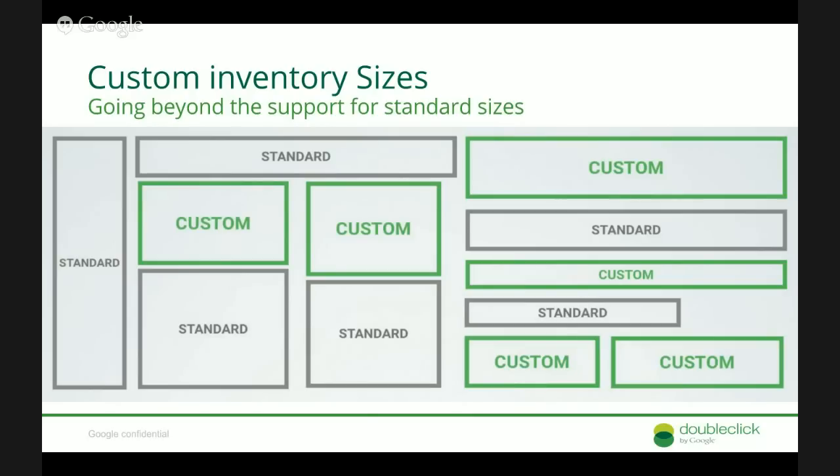Just to give you an example, some of the custom sizes that we're seeing most volume for are things like 200 by 90, 800 by 250, 990 by 50, 120 by 150, 770 by 250, etc. So this will really open up new opportunities for publishers to use whatever size they think will best monetize their inventory, and allow buyers to run creative sizes that they haven't been able to run before due to our size restrictions.